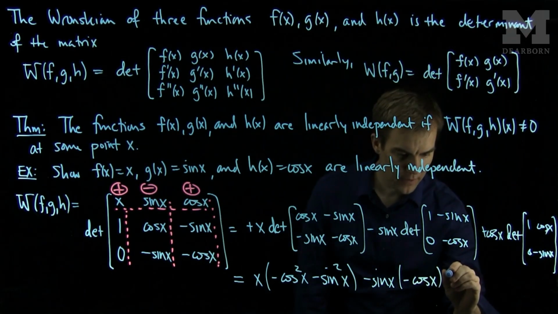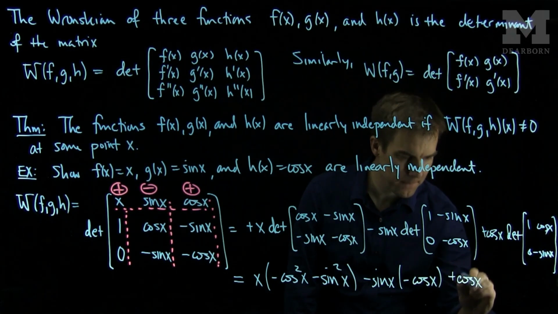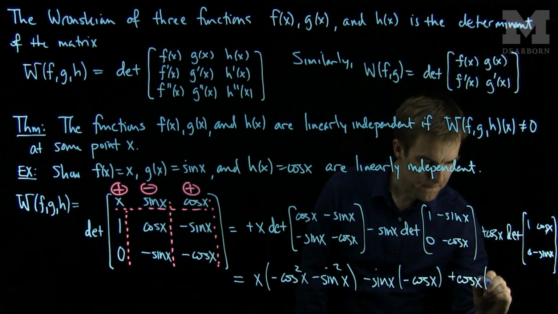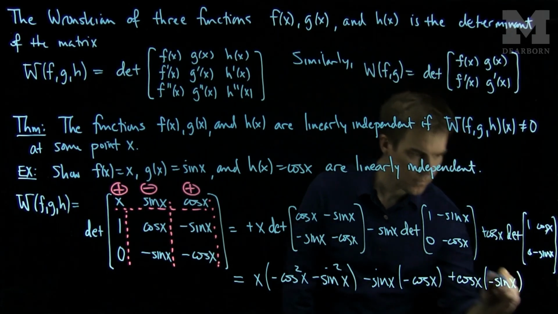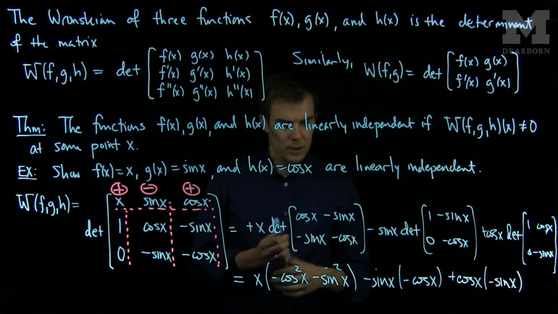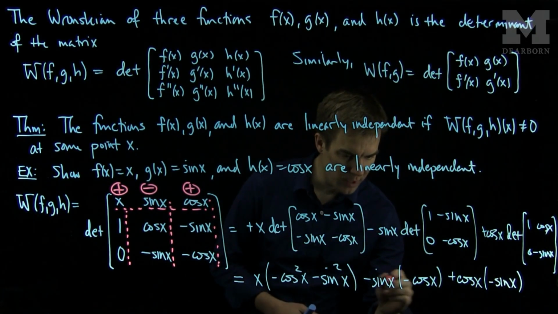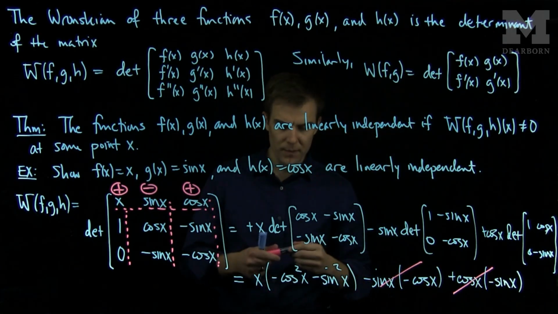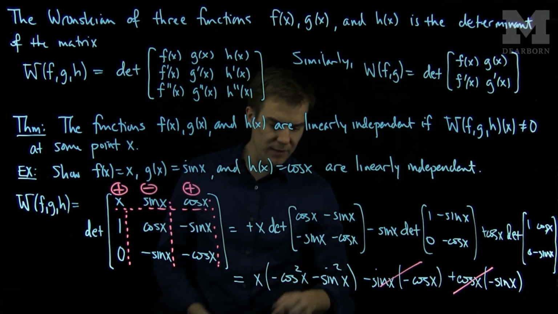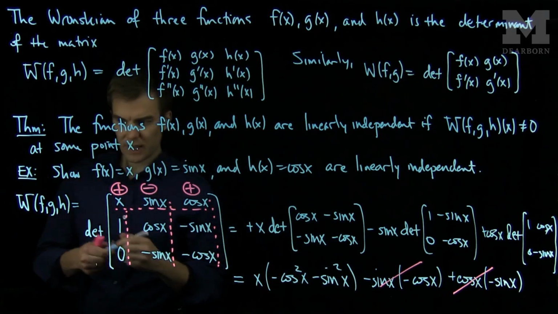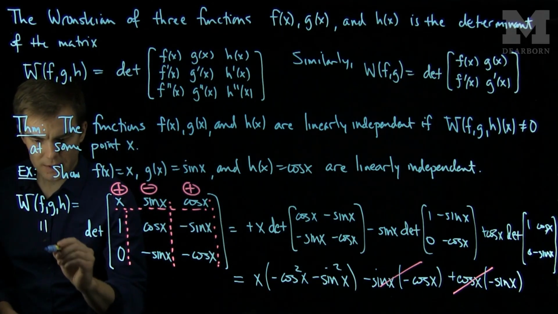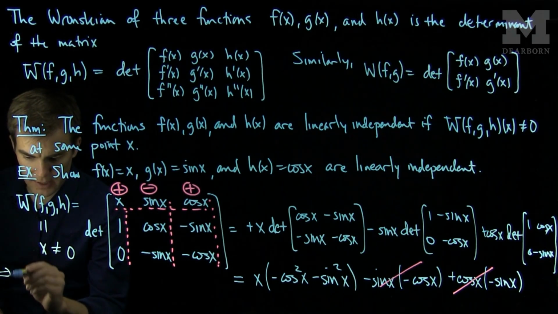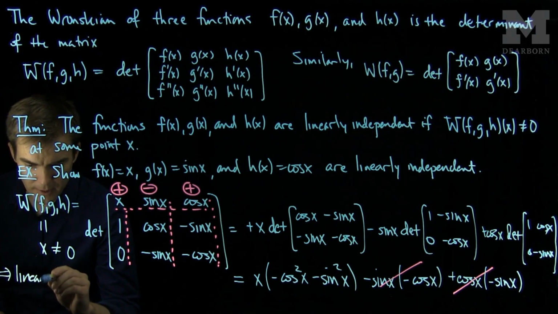And finally, I will have a positive cosine x, and then I'll have a negative sine. So these terms over here will be a positive sine cosine and negative sine cosine. Those terms will cancel. And negative cosine squared, negative sine squared is negative 1. So we see that the Wronskian of these 3 functions is equal to x, and x is not 0, and that implies that these functions are linearly independent.